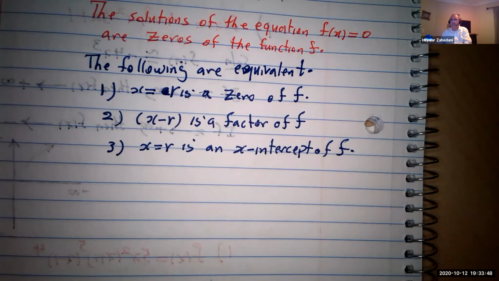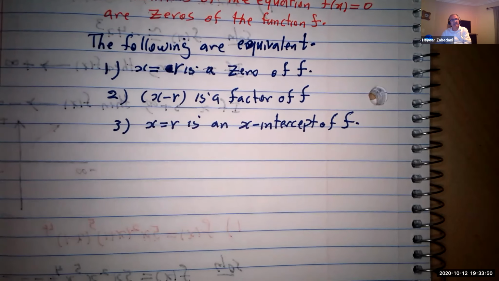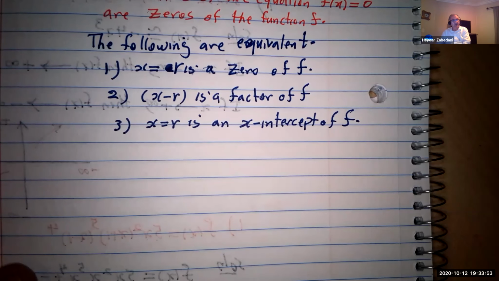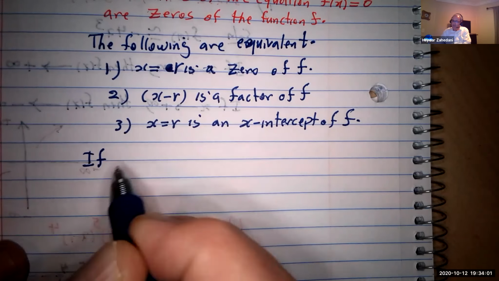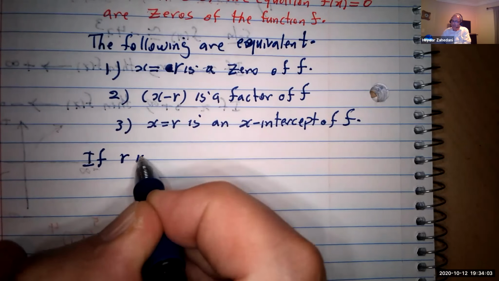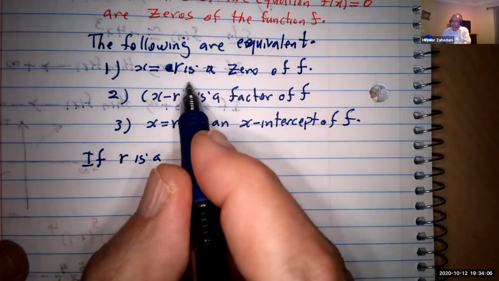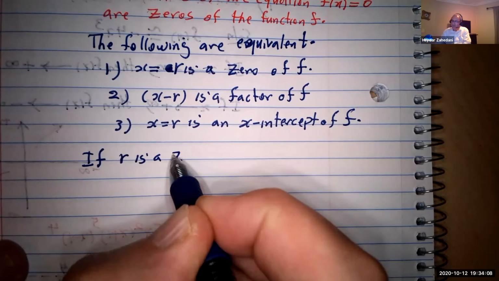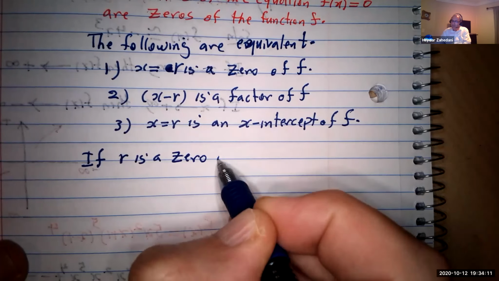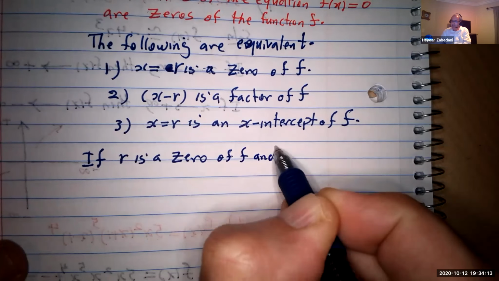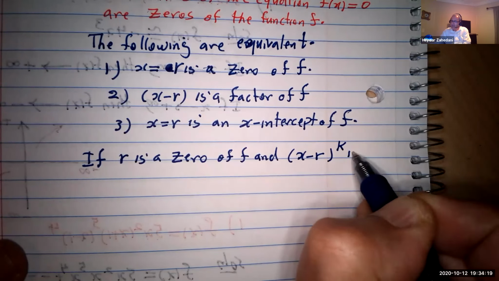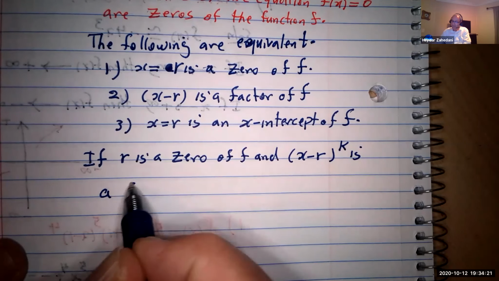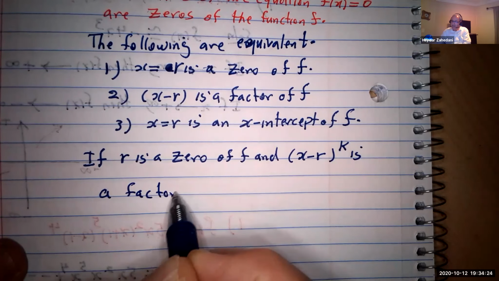Okay, so we put them together and give you this very nice and easy indicator, if you like. So if r is a 0 of f, and x minus r to the k is a factor of f.